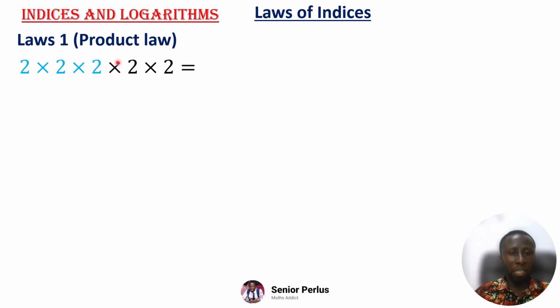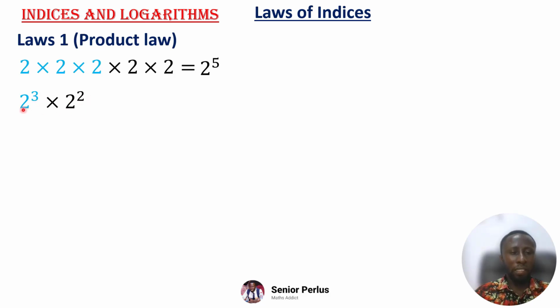If I want to put this into the index form, 2 is the factor, so 2 to the power, let's count: 1, 2, 3, 4, 5. So 2 to the power 5. I can also rewrite this as 2 to the power 3, times 2 to the power 2.